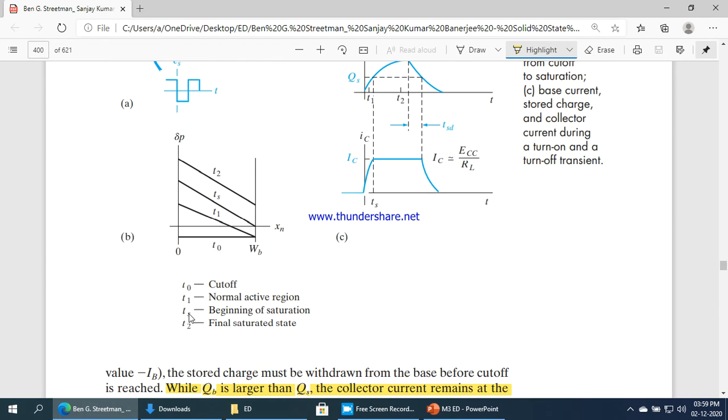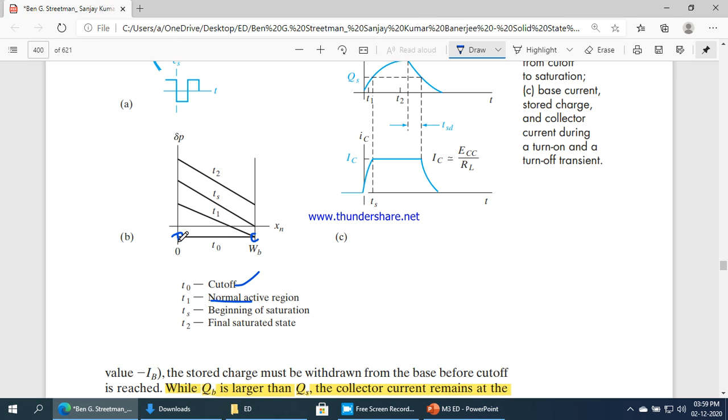As you can see here, the hole distribution at T0. T0 is the cutoff region. In the cutoff region we know the hole distribution is at minus Pn here, and here also it is minus Pn. That is T0, the cutoff region. T1 is the normal active region. The four regions of operation shown here are T0, T1, Ts and T2.